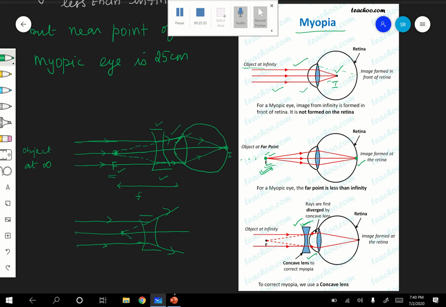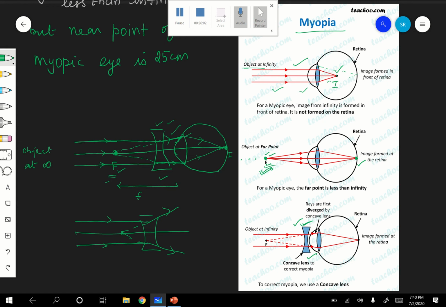After refraction, when you are extending it, it should appear to meet at F. So, very important. Once again, I am repeating, the parallel rays of light from infinity after refraction through the concave lens should appear to come from F, that is the far point of the defective eye.